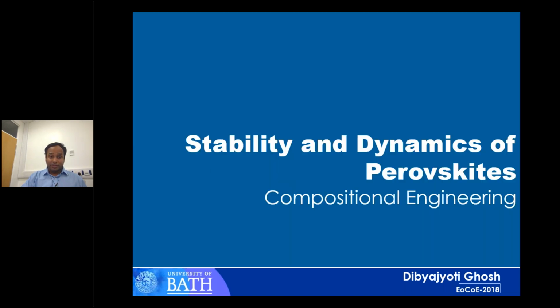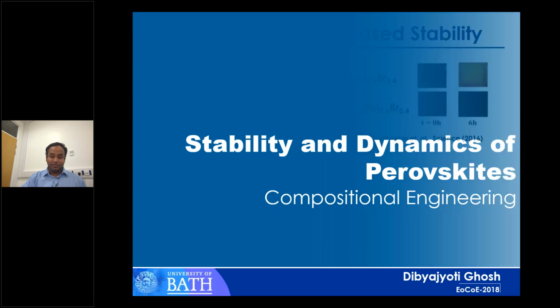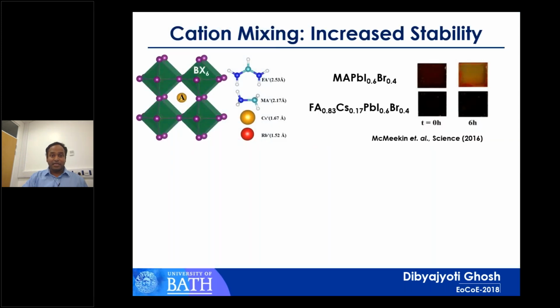So we looked into this problem, and we first looked into the stability and dynamics in compositionally engineered perovskite materials. People have found that if we mix different size cations in a particular ratio, then you can enhance the stability. For example, if you have methyl ammonium as the single cation in methyl ammonium lead iodide bromide, it degrades very fast.